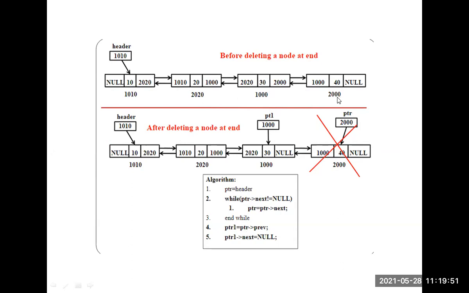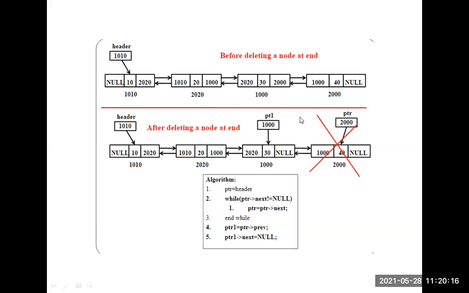Okay, so now pointer is 2000. Clear students, what is the pointer? Pointer is 2000. Here I'm considering two variables: one is pointer, another one is pointer one.